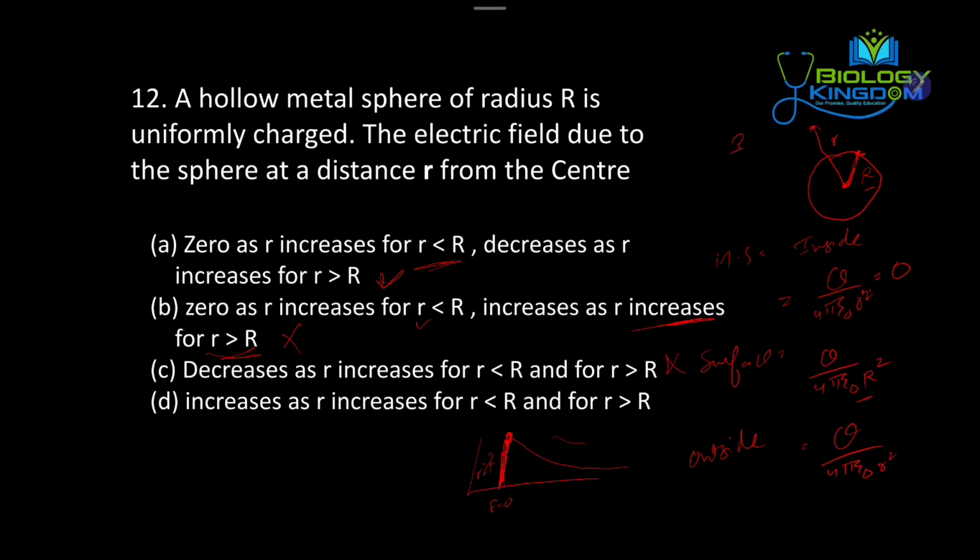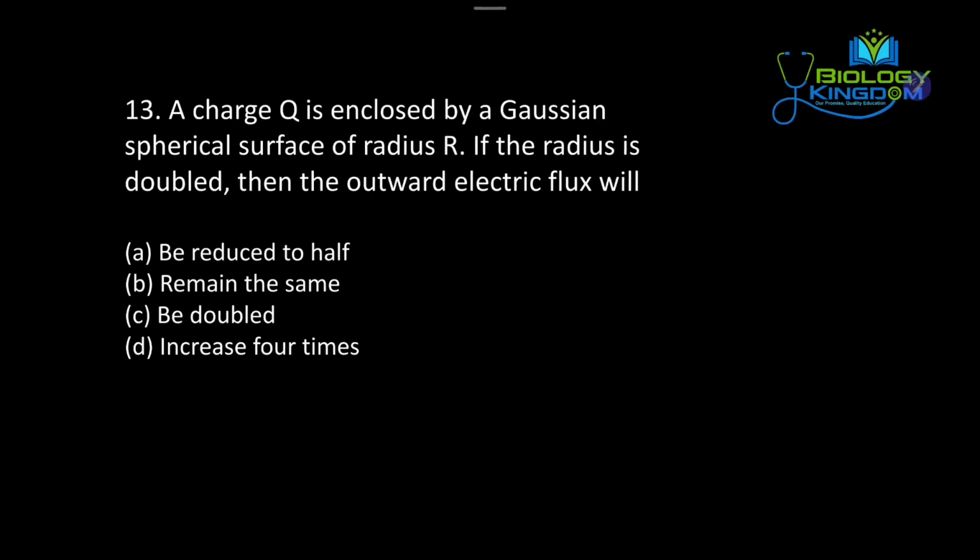The statement that it decreases in both cases is also wrong, because it is increasing from inside to the surface. That is true for the first case, but wrong when we move to the outer side, so this is another false statement.